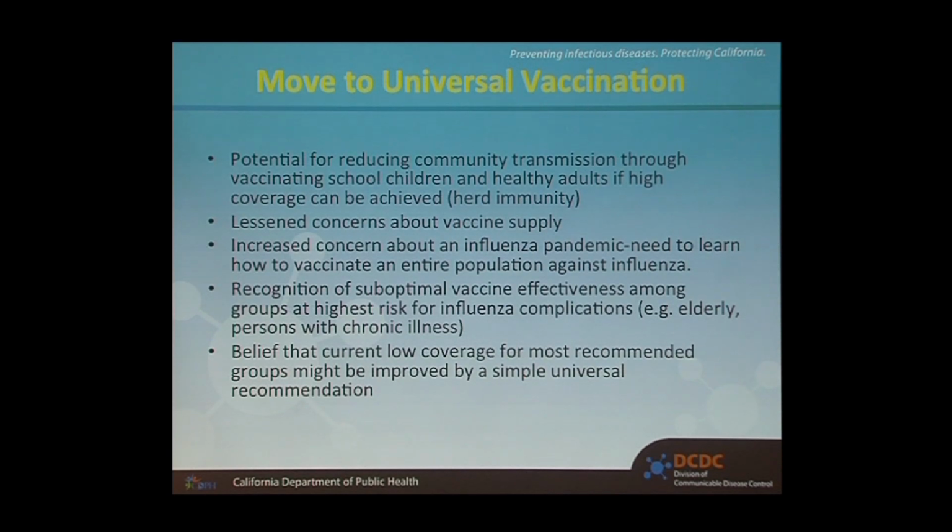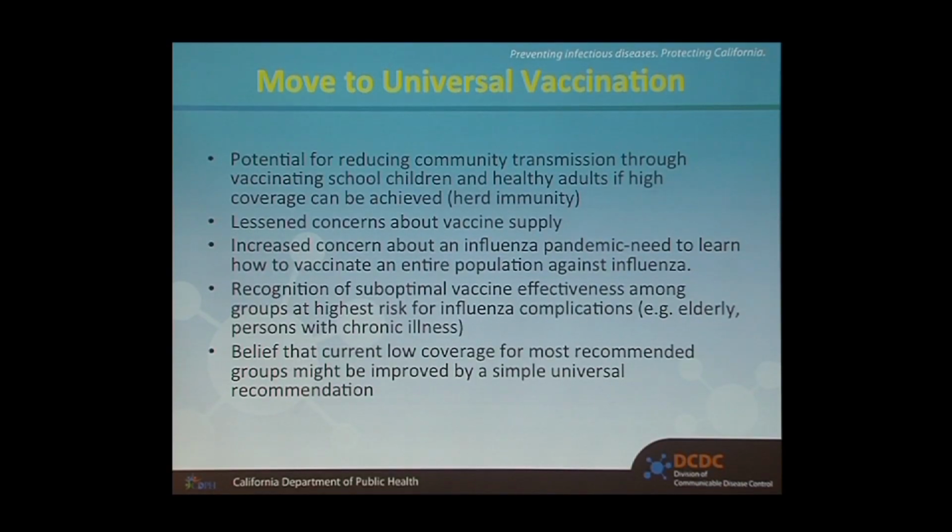CDC wants to move to vaccinating everybody because of this idea of herd immunity, because we now have more manufacturers making vaccine, because we know that some populations don't respond very well to vaccines, so even if you targeted them, it may not be enough to protect them. And because doctors also were admittedly getting very confused about who to vaccinate.